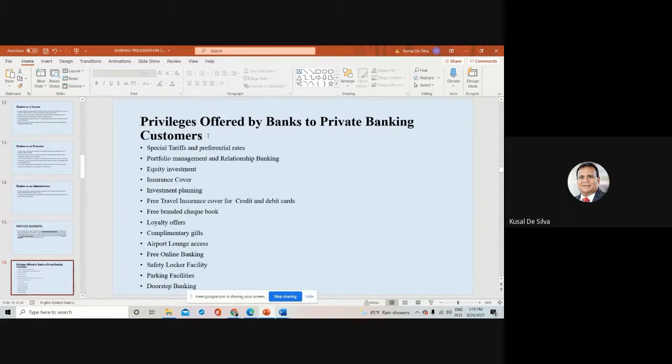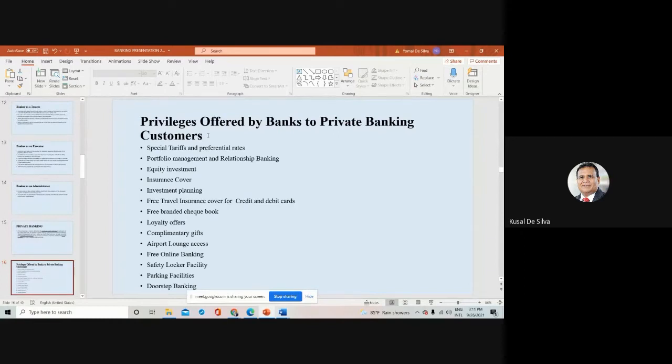Then you have equity investment advisors. Then you have insurance cover, in the sense of free insurance cover for your credit card. Sometimes you may have free travel insurance for your credit card. You have investment planning advisory from the bank. Then free travel insurance cover for your debit card as well.